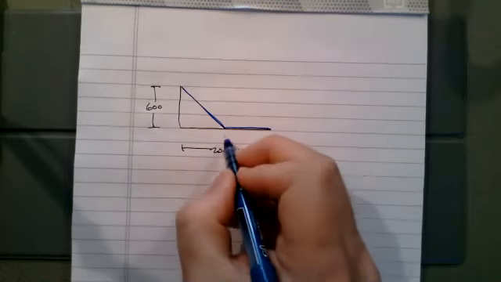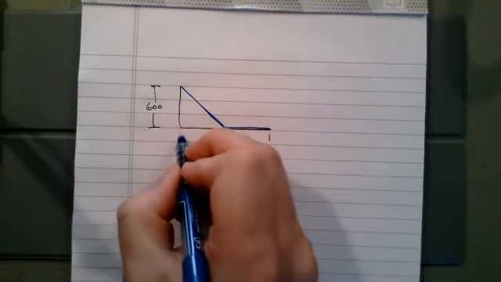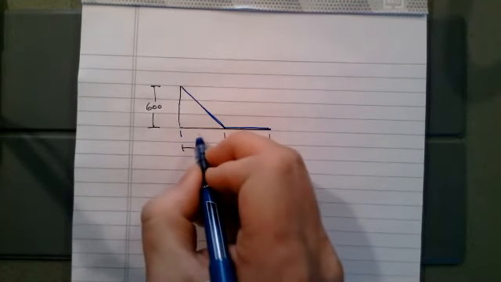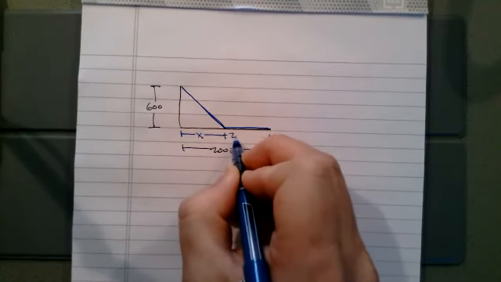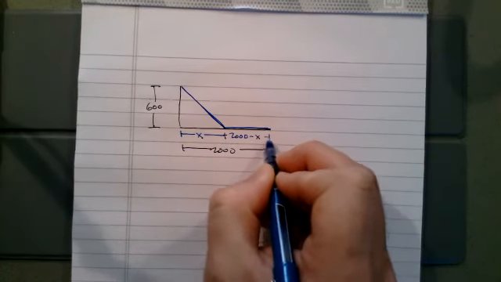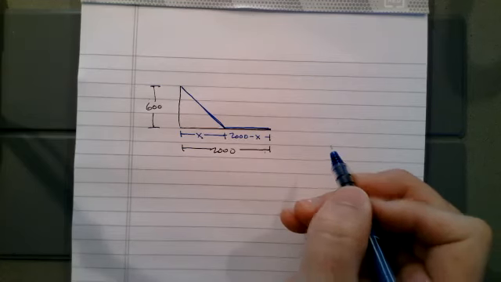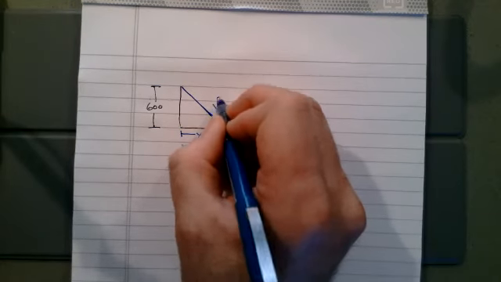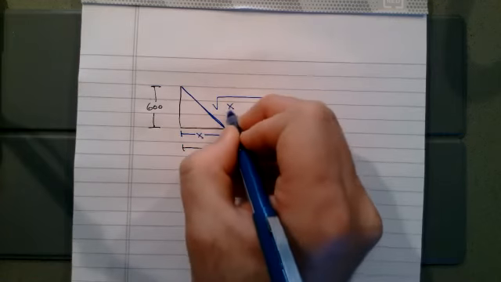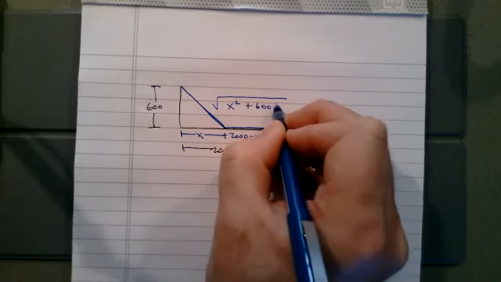So instead of calling x the part on the sidewalk, we could call x the part on the grass. And then that would shift the 2000 minus x to be on the sidewalk. That would mean the distance that we spend on the grass will be the square root of x squared plus 600 squared.